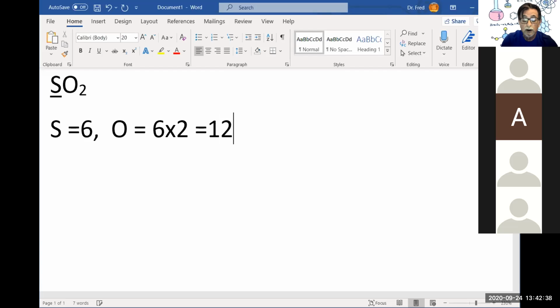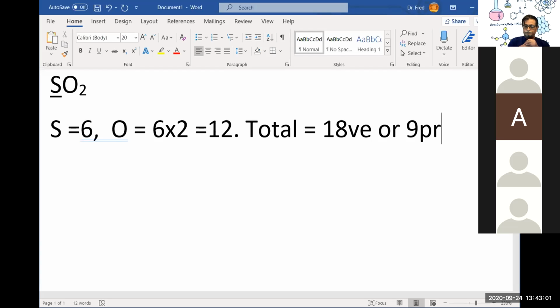So that brings in 12. And so for a total of 18 valence electrons, or how many pairs? 9. 9 pairs, okay?